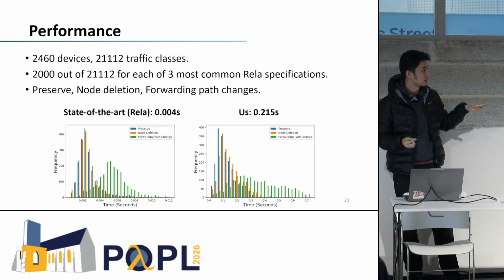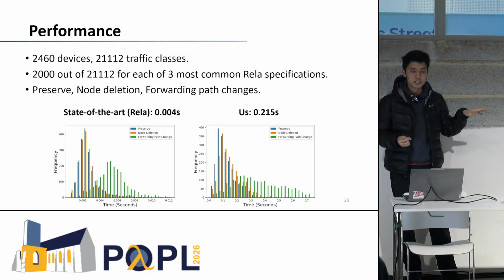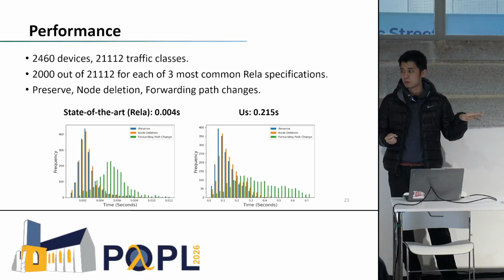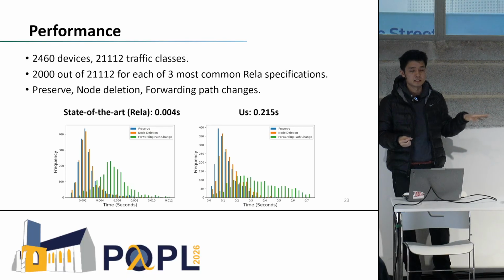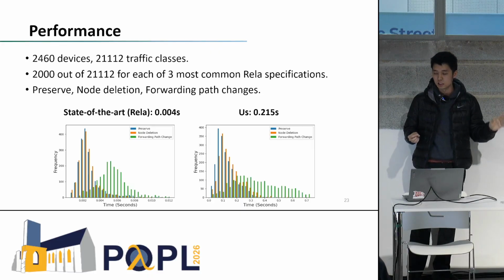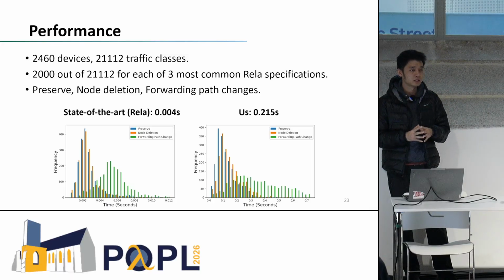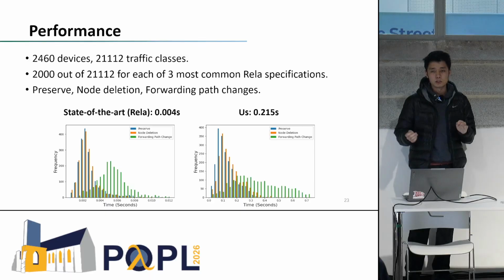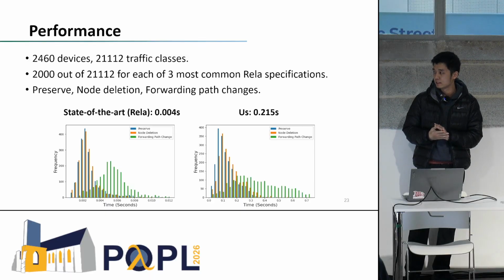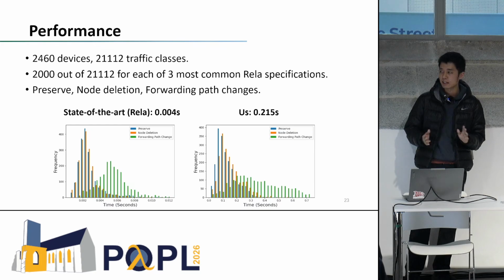And these 3 specifications are preserved. That means you didn't change the network at all. The node deletion suggests you remove a device from the network, and the forwarding path change suggests you reroute a device to another. And the average time of our work and Ratul all falls within 1 second. So it is suitable for us to iterate the network by updates using this kind of verification tool.